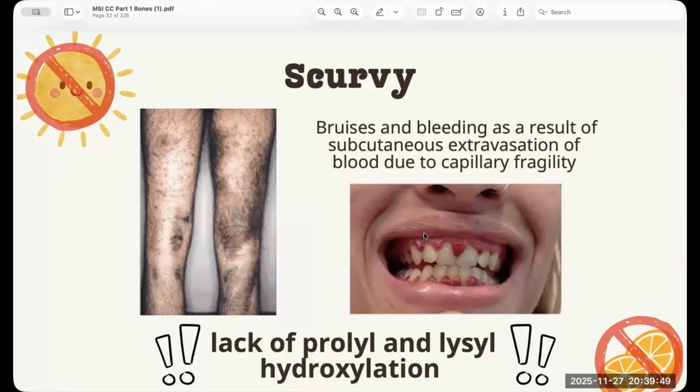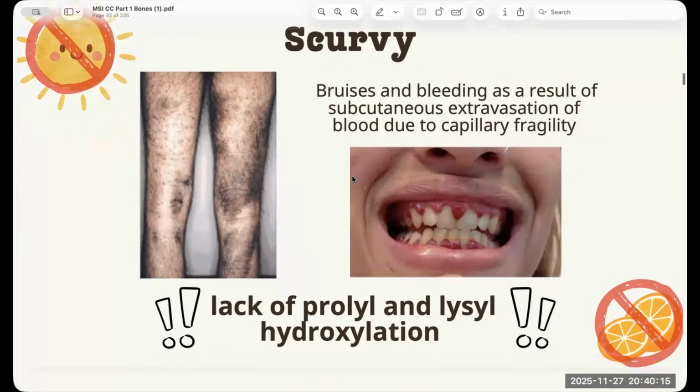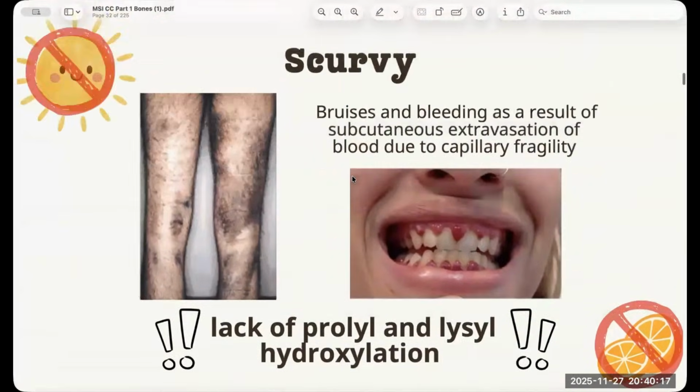Because sailors would be gone for months, and they wouldn't eat food that had vitamin C. That's why they would come back having scurvy. Scurvy is basically bruises and bleeding in different places, such as the gums, teeth, and the legs, because of subcutaneous extravasation of blood due to capillary fragility. All right, this is for scurvy.